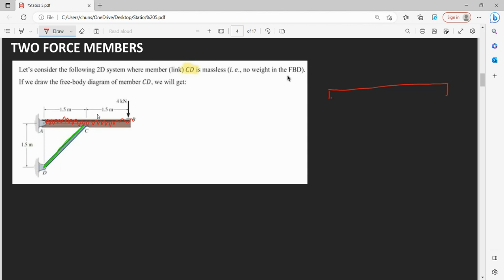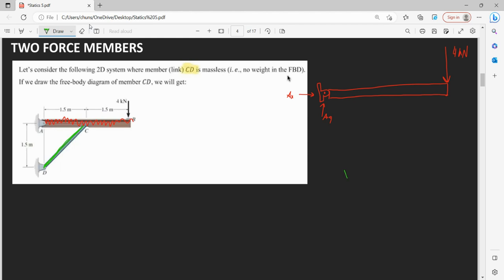So if we had our first beam, we have AX, AY from our hinge, and we have 4 kilonewtons of downward force.